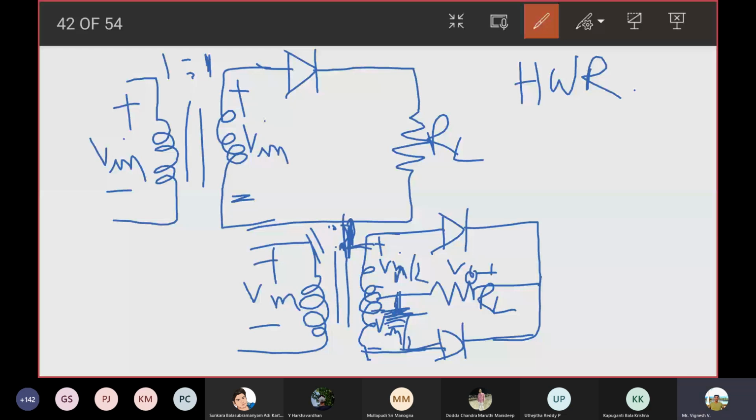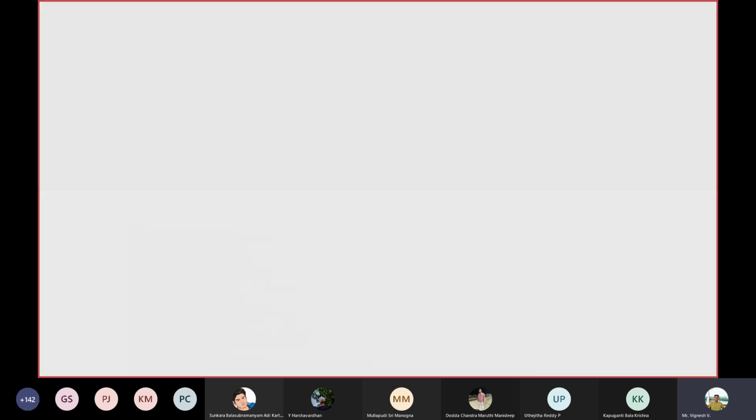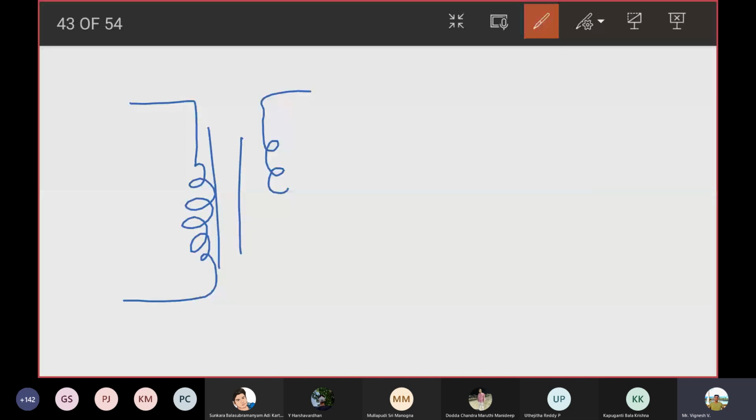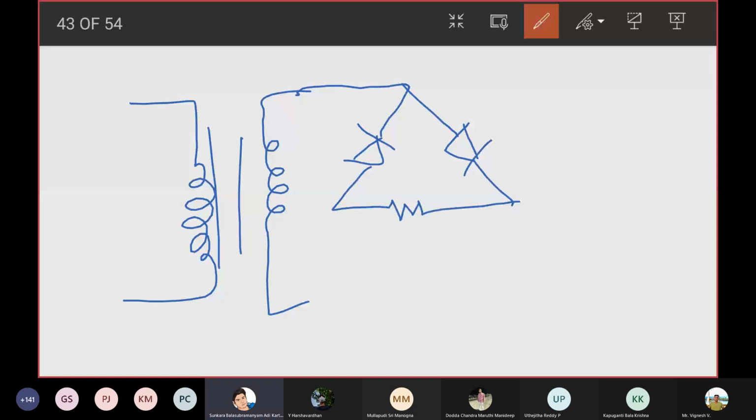Okay, if you're given the same transformer, then obviously, if you're comparing the center tap full wave rectifier with a bridge rectifier, let me draw a bridge rectifier. Even for a bridge rectifier, you are not concerned about the turns ratio. Why? Because you are not tapping anything at the center, right? I mean, there is no half business anywhere. Sir, just a second, let me finish.